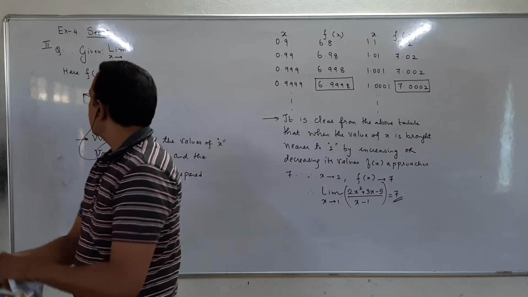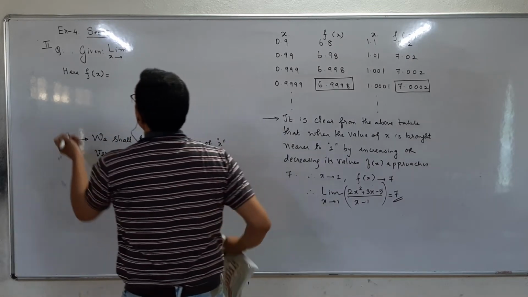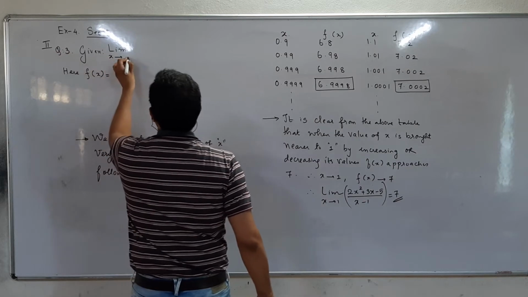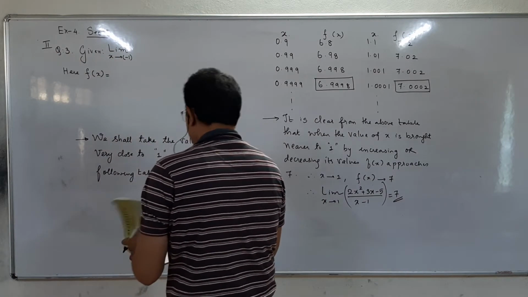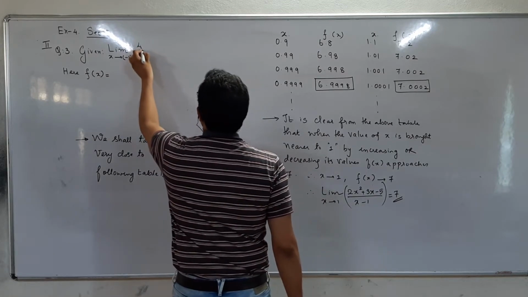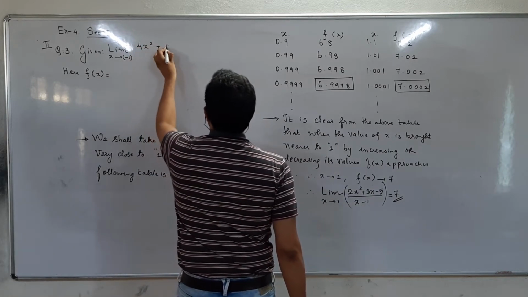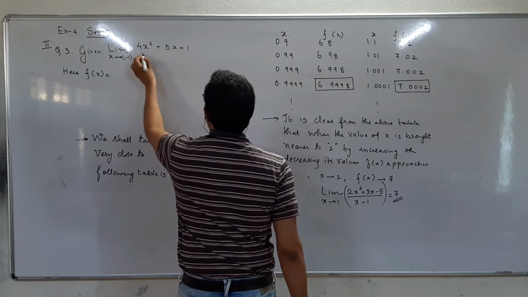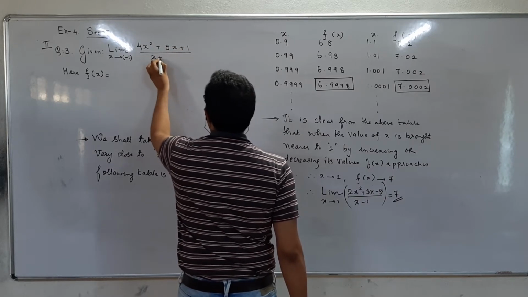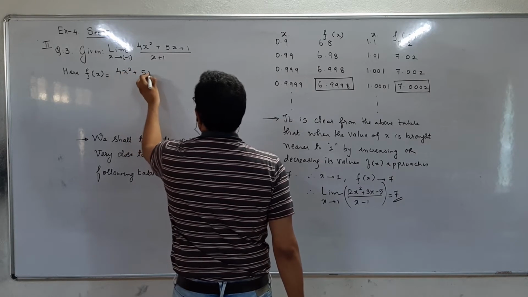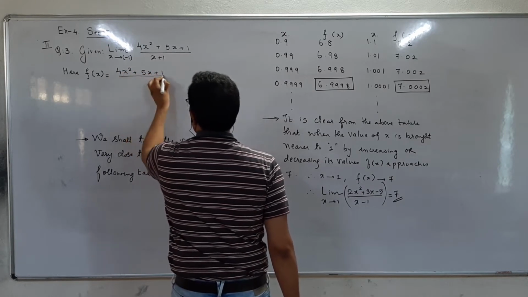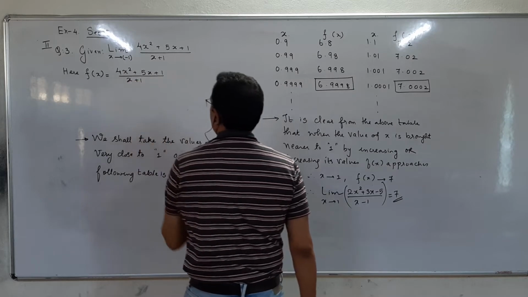It is limit x tends to minus 1. The function is (4x squared plus 5x plus 1) upon (x plus 1).